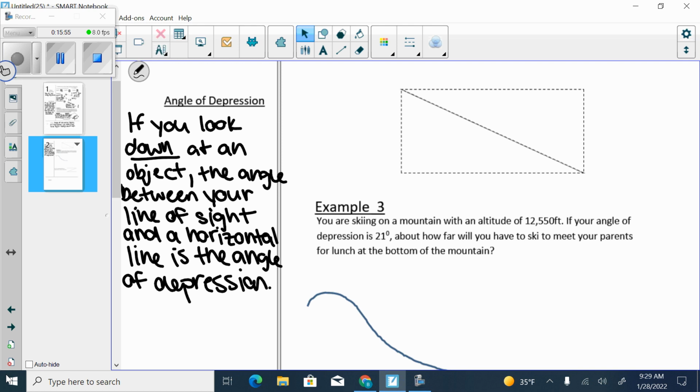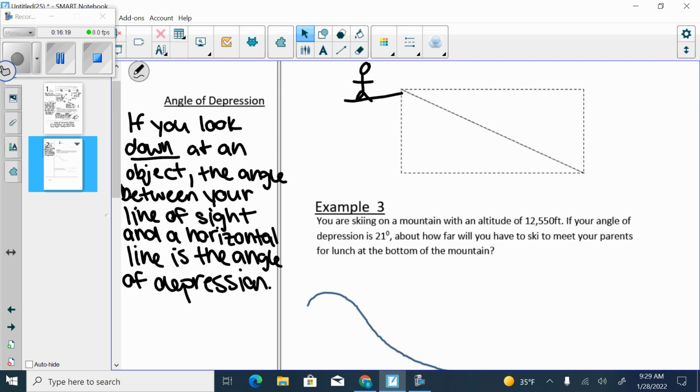Okay, so again, they give us a little figure over here so that we can draw on it, see exactly what they're talking about. Okay, so if you're looking down at something, you've got to be up above it, right? So you would be up here. So maybe you're standing on some sort of a platform or something, okay?